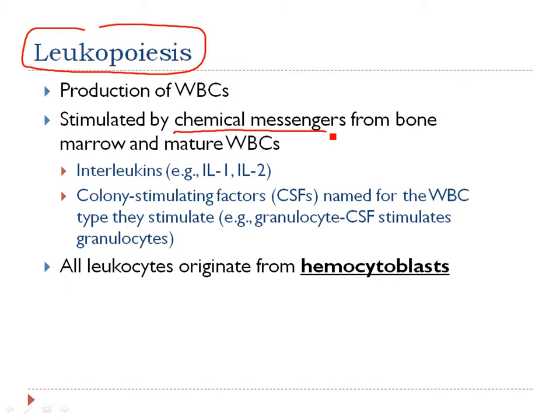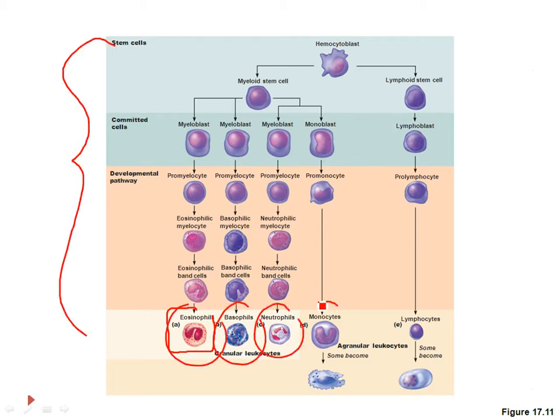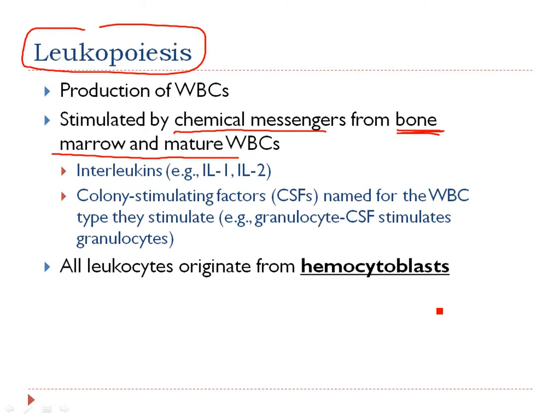Those will travel to the bone marrow, and when they arrive, different chemical messengers will cause different amounts of these mature white blood cells to specialize and develop in the bone marrow depending upon your needs.